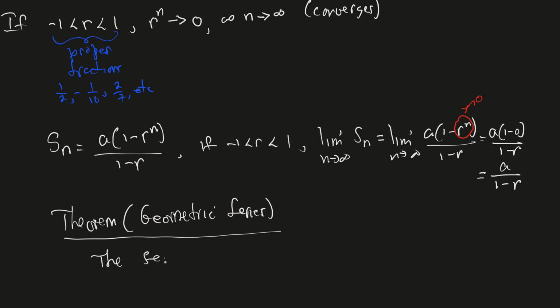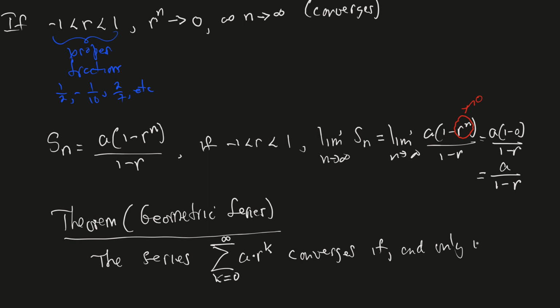The series, again, our standard geometric series, k going from 0 to infinity, of a times r to the k, converges if and only if my common ratio, that ratio of successive terms, is strictly between plus or minus 1. So if and only if our r is strictly between plus or minus 1.